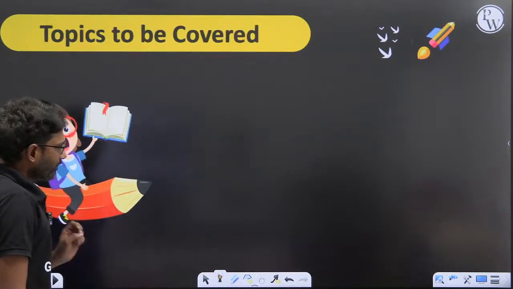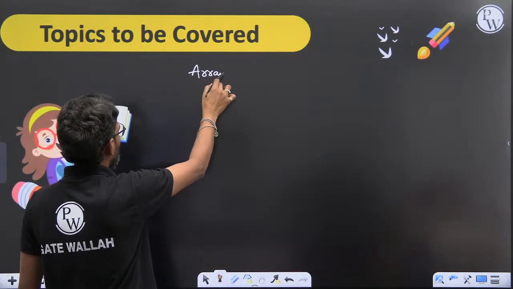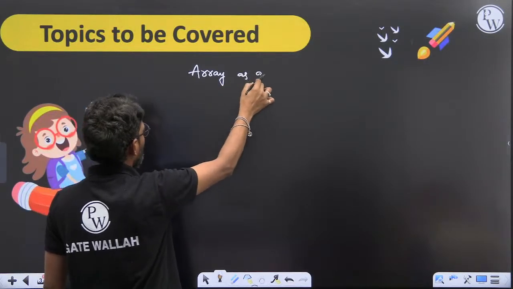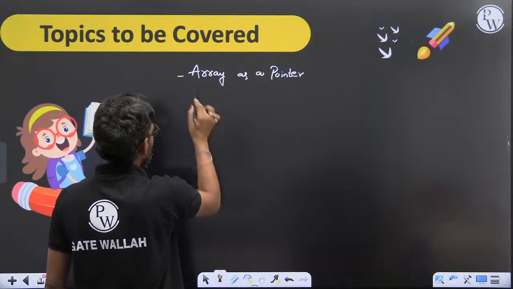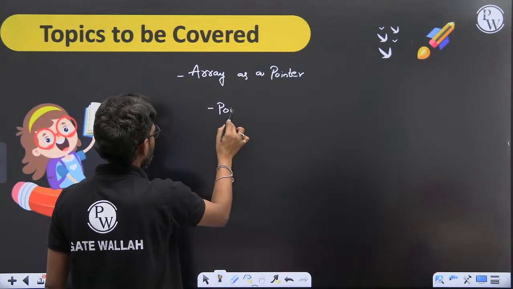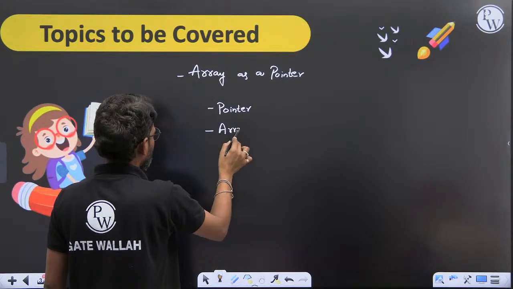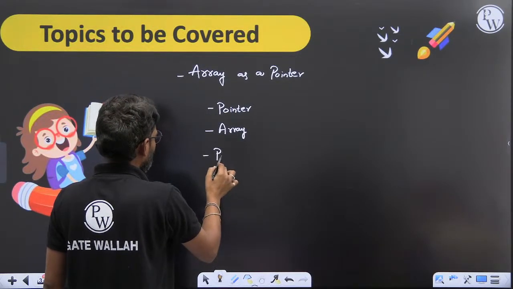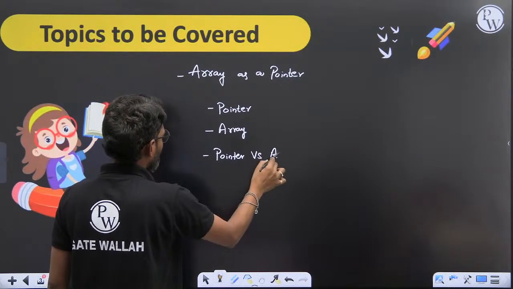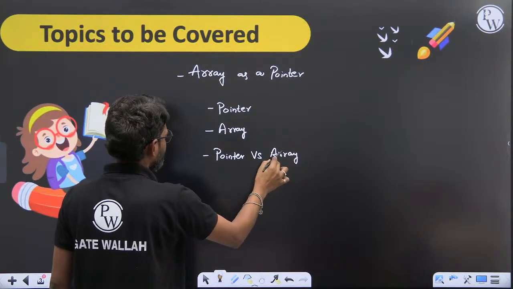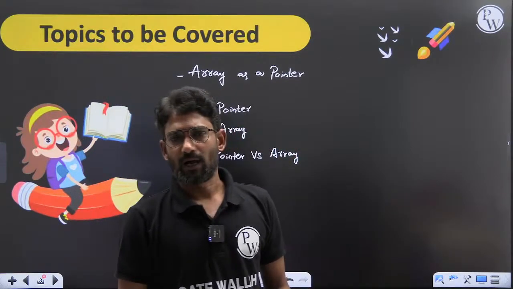And today we will be discussing, as you have seen the title, array as a pointer. That means first we will try to understand quickly what is a pointer and what is an array. Then, is there any difference between array and pointer? If so, what is the difference? If not, are they really the same?